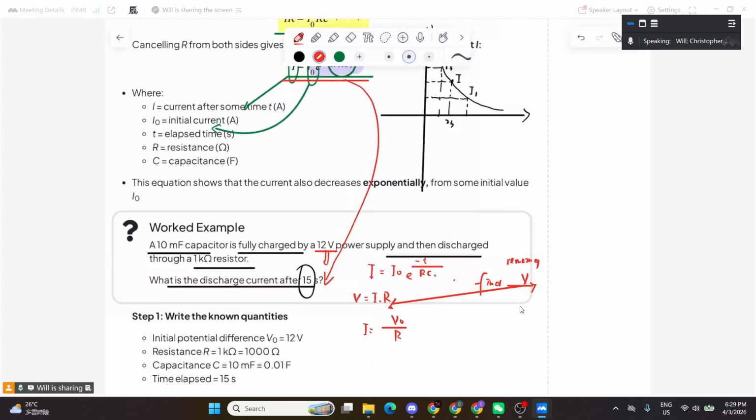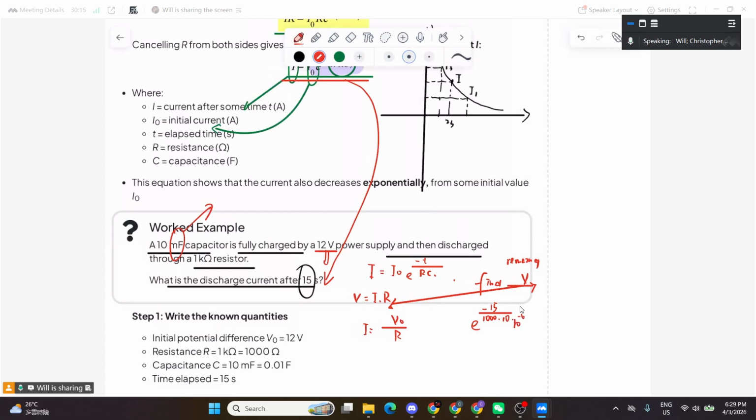So you put the variables into the equation: e to the negative 12 over 1000 times C. C is in millifarads, so we convert the unit: 10 to the negative 3.